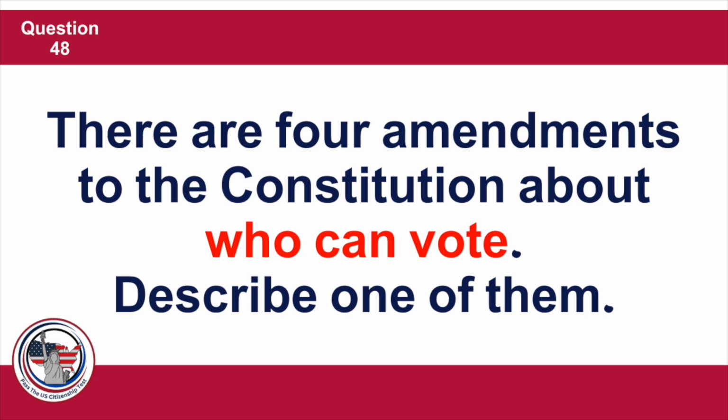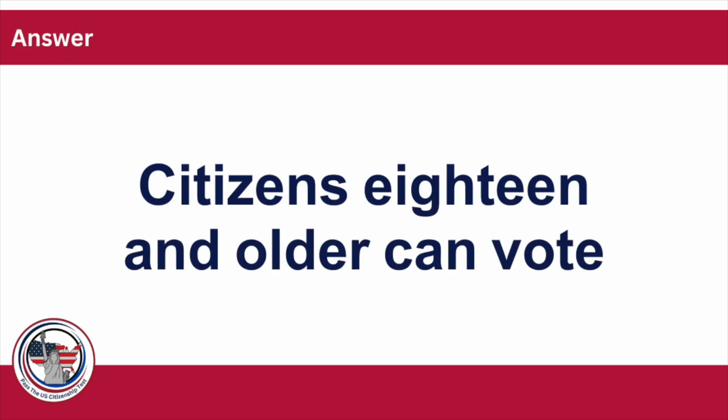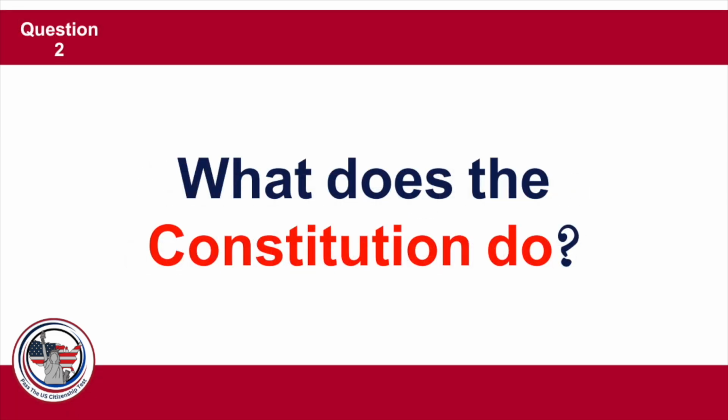There are 4 amendments to the Constitution about who can vote. Describe one of them. Citizens 18 and older can vote. What does the Constitution do?